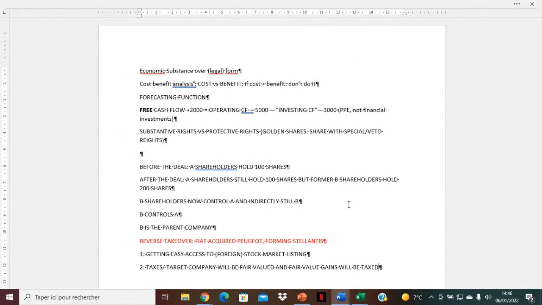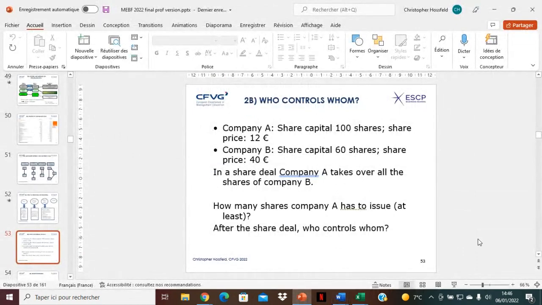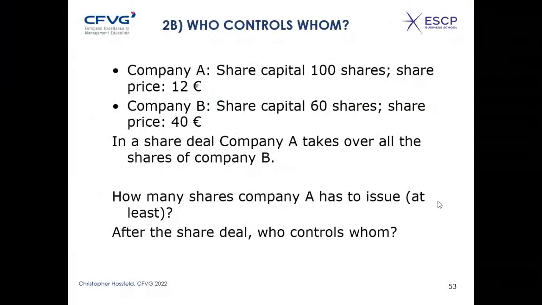The revaluation gains are smaller, and therefore we pay less taxes in this transaction. Okay, so access to stock market listing and taxes are the two main reasons why companies organize reverse takeovers.